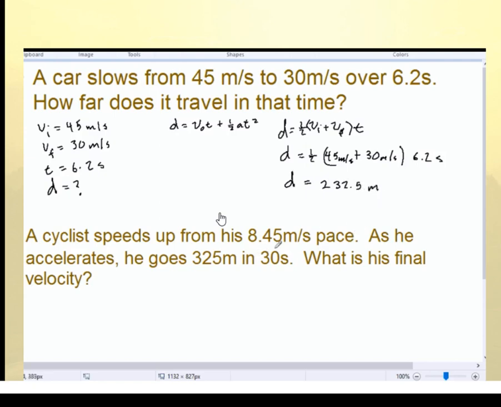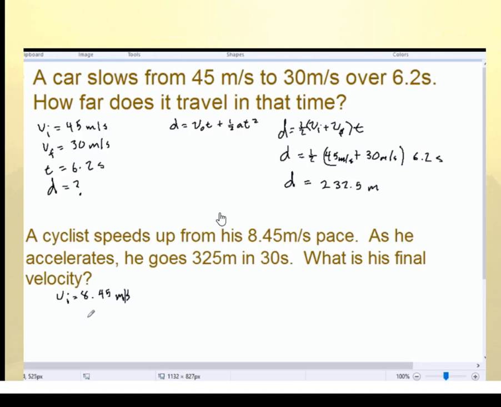Okay, now the second one down here is a cyclist speeds up from an 8.45 meter per second pace. So that's my vi in this case. So I'll say vi equals 8.45 meters per second.